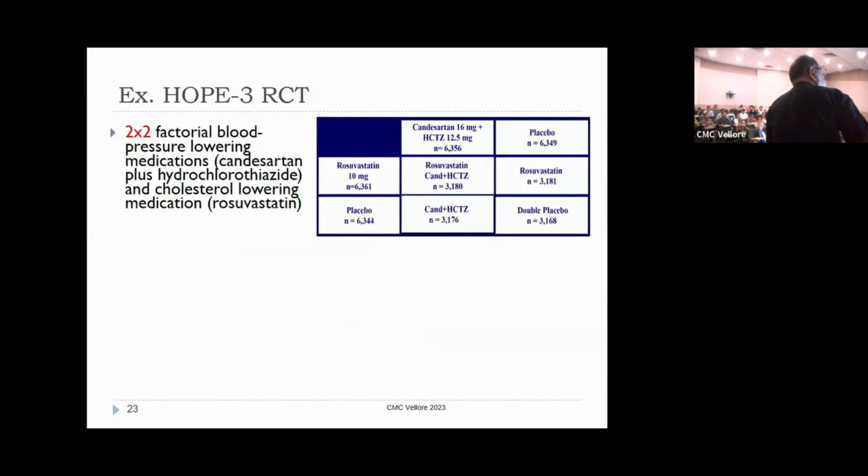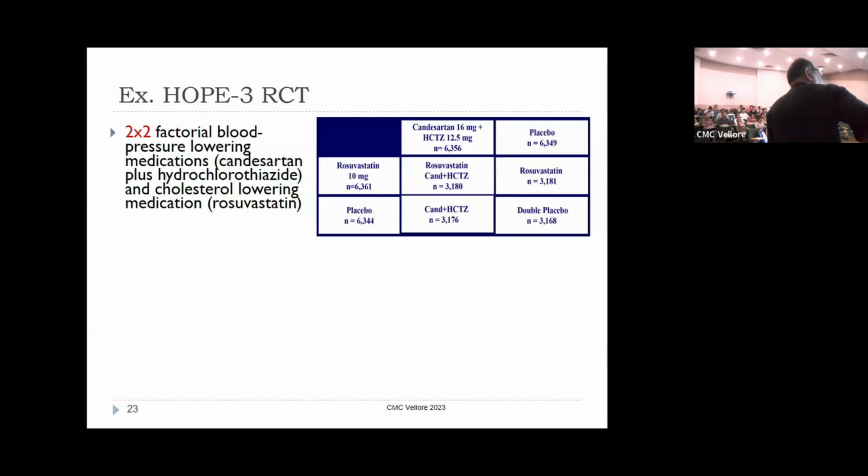Here's one that was done at our institute in Canada, called the HOPE-3 study. It's a 2x2 factorial for blood pressure lowering medications, candesartan plus hydrochlorothiazide, HCTZ, and a cholesterol lowering medication, rosuvastatin.